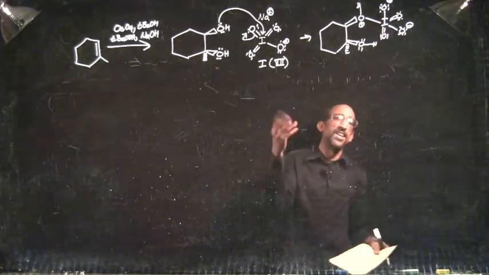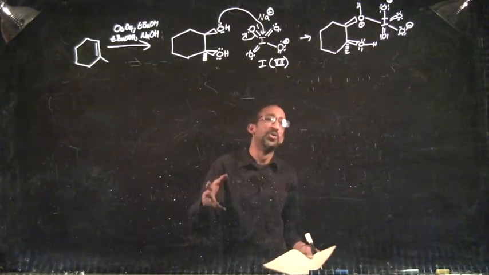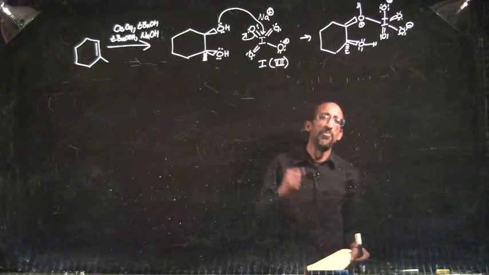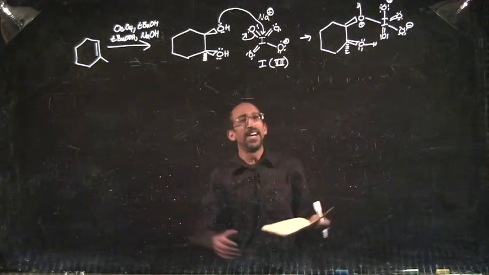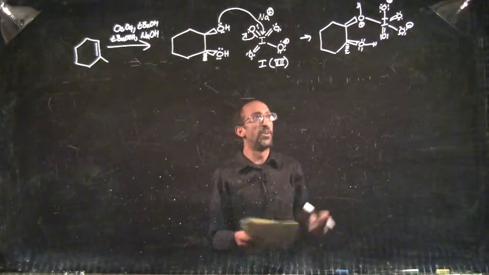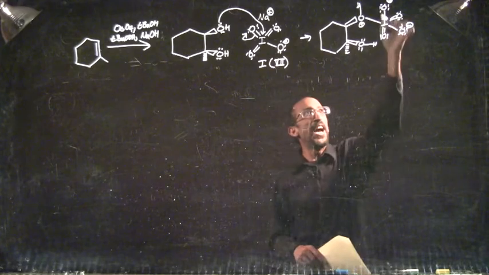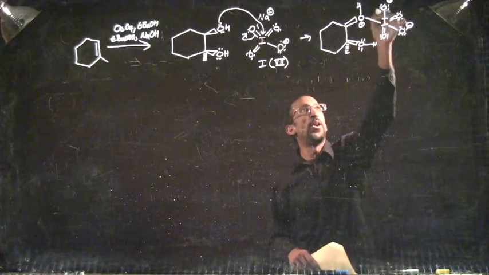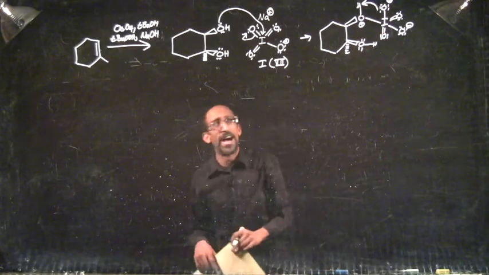And one of the reasons I like this mechanism is because we get to start breaking a lot of the rules and get away with it. It's one of those special circumstances that lets us break some rules, and any chance I get to break some of the rules that we've developed, I really want to highlight that. So here we have 1, 2, 3, 4 atoms away. Normally we can't do a deprotonation 4 atoms away.